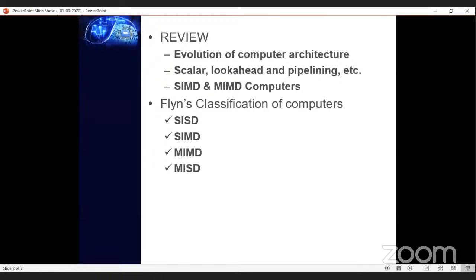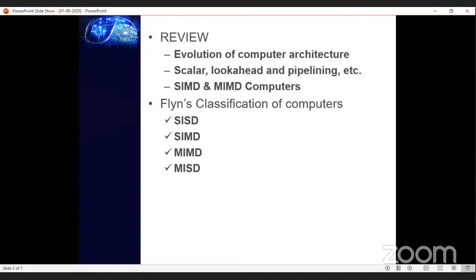Computers started with scalar processing, and thereafter the concept of parallelism was developed with the techniques like look ahead and pipelining. And today's architecture of computer broadly has two types of parallel computers, namely SIMD and MIMD computers. So once again, we are going to see the diagram that we have shown in the last session. After viewing a glance about the diagram, next we have to start the new topic.